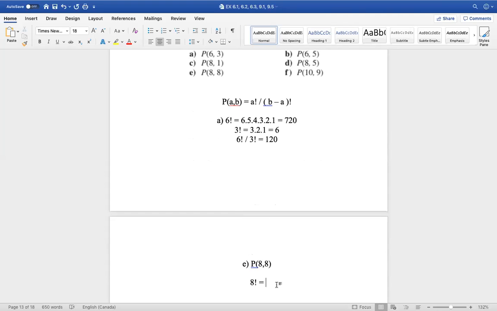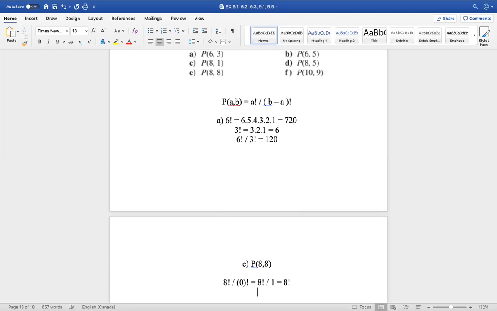According to this equation, we have 8 factorial divided by b minus a, which is 0 factorial, right? So by the way, 0 factorial is not 0, it's 1. This is something that we should keep in mind. So 8 factorial divided by 1, the answer will be 8 factorial itself, right?